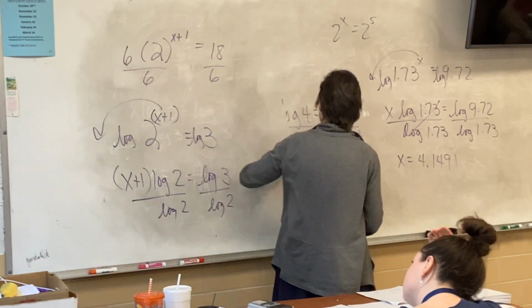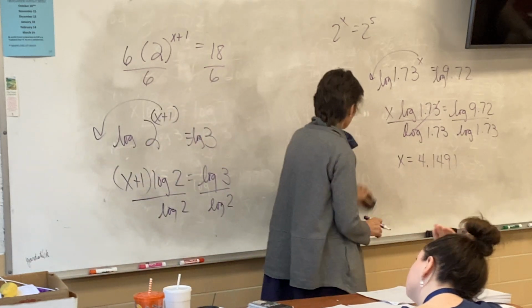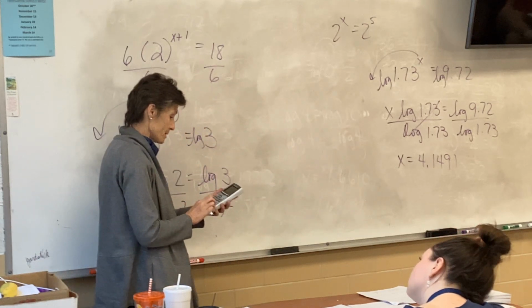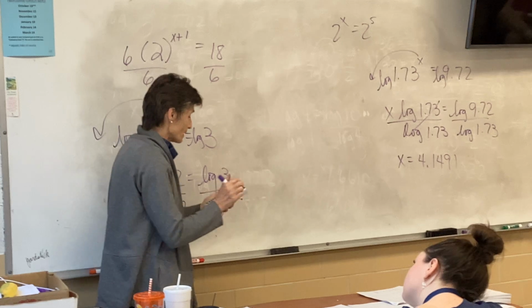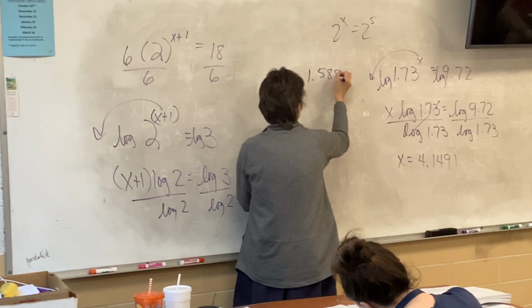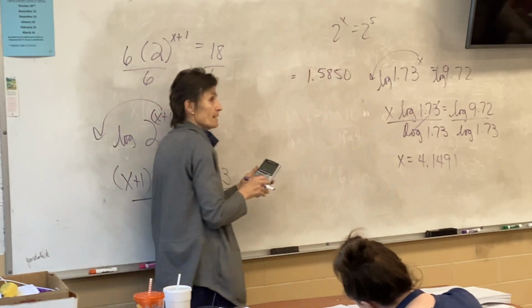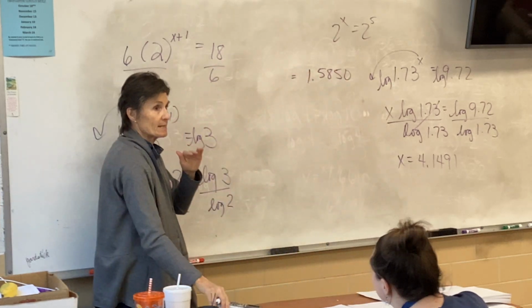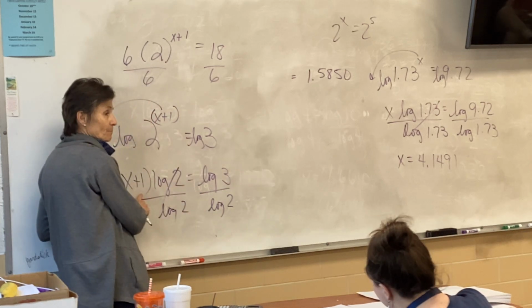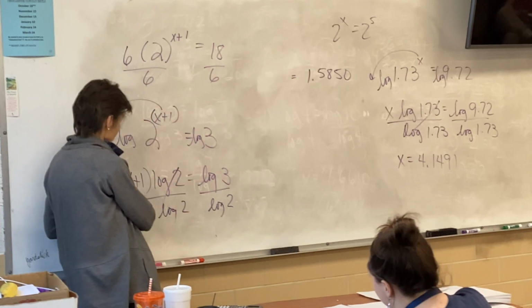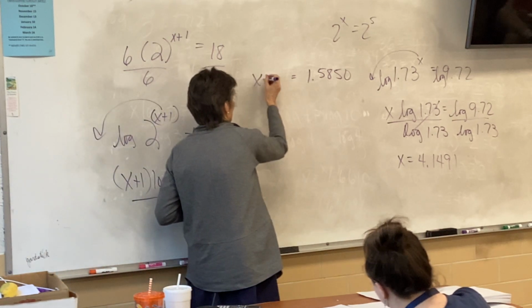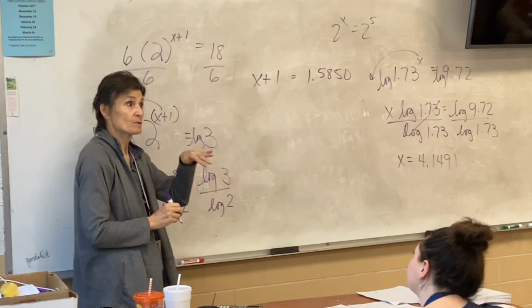So then, we can type that in on our calculator. So log 3 divided by log 2. I got 1.5850 when I divide. The difference is, that is an x. What is that? It's x plus 1. So now I have an extra step.